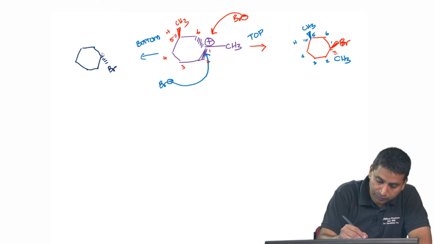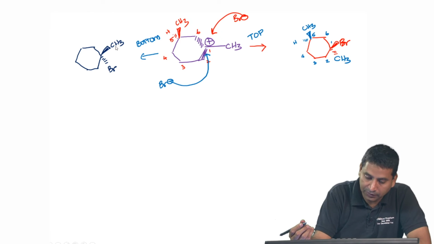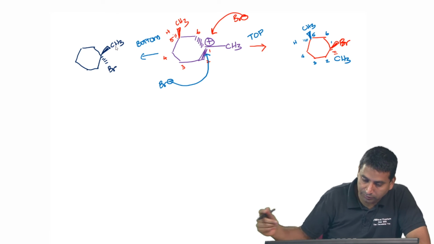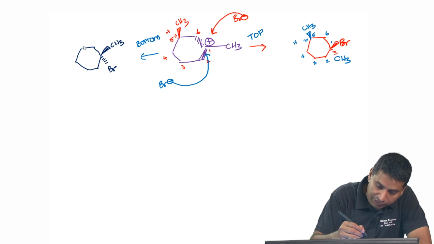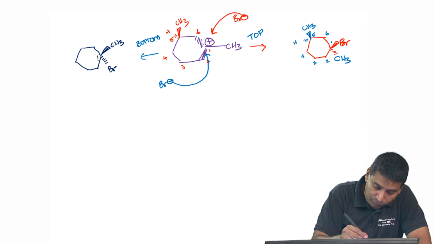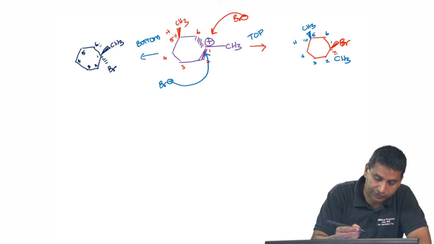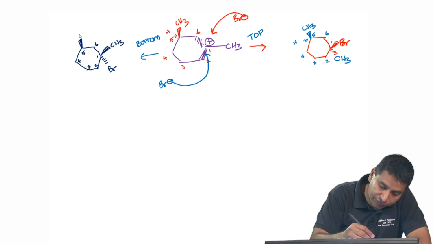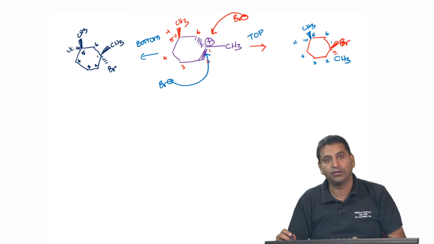So, Br is down, CH3 is up, and if I number the carbons, I am going to make sure that the other CH3 is there, but I am now a little confused. So, what I am going to do is I am just going to again number this 1, 2, 3, 4, 5 and 6. Okay. So, we know that carbon 5 has the CH3 on top. So, I am just going to make sure that I have the same structure over here.